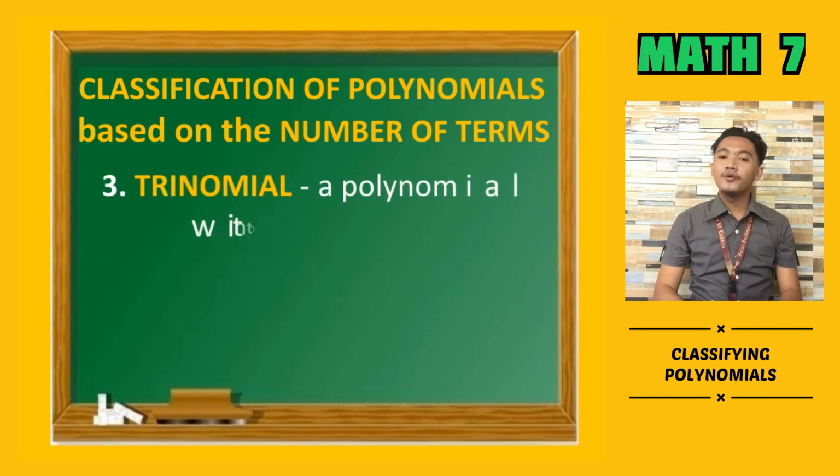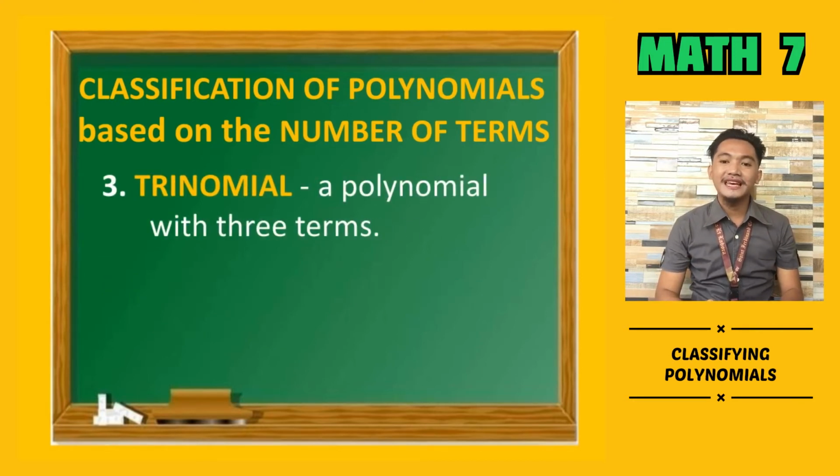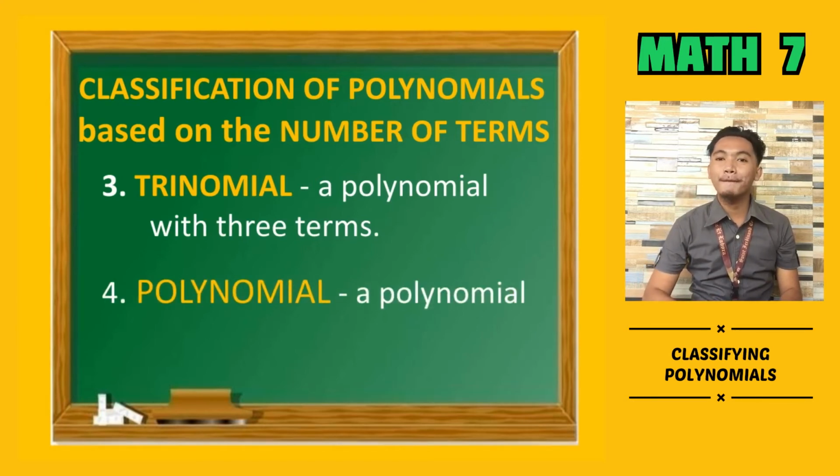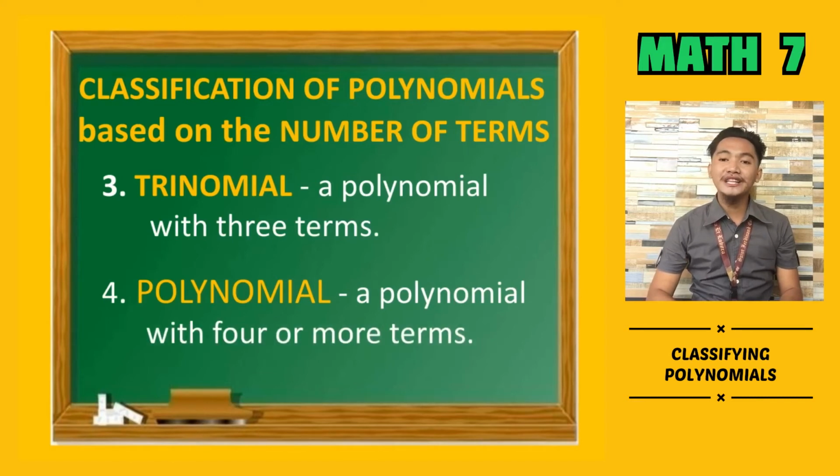Third, we have trinomial. It is a polynomial with three terms. Fourth, we have polynomial. It is a polynomial with 4 or more terms. Bear in mind that polynomials with more than 3 terms have no special name, so we just call it polynomial.